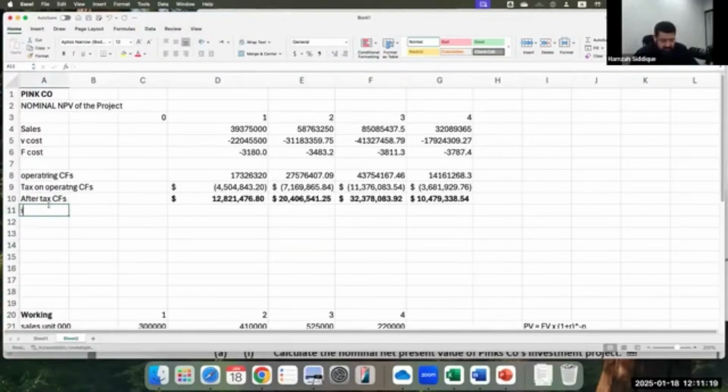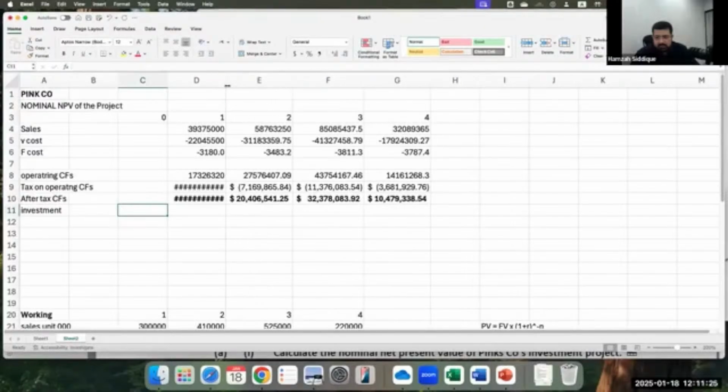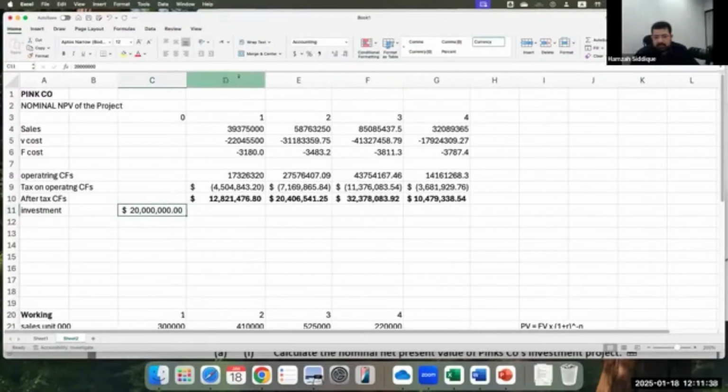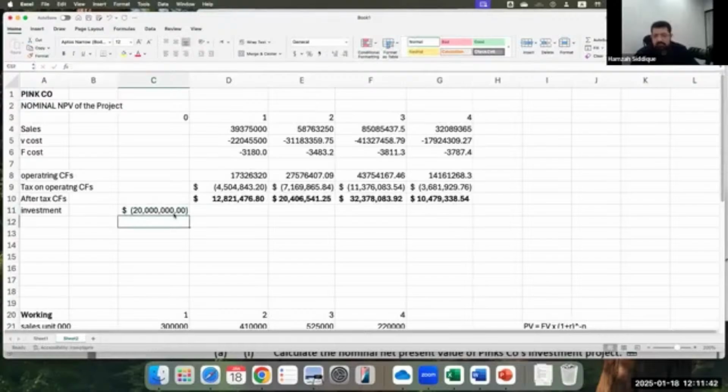Now, students, investment amount is 20 million, negative. Scrap value is 0 at the end.